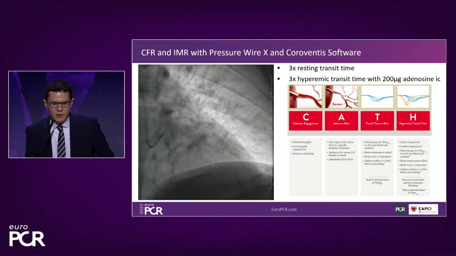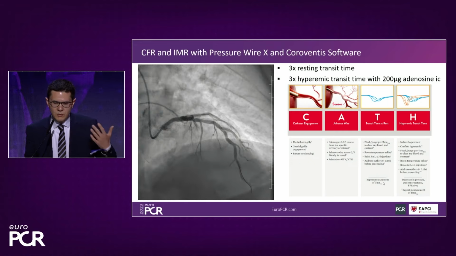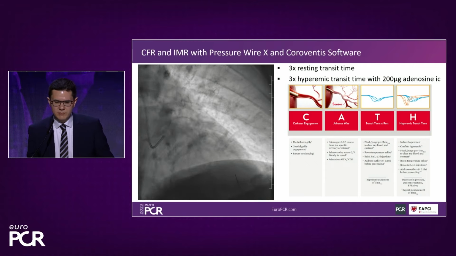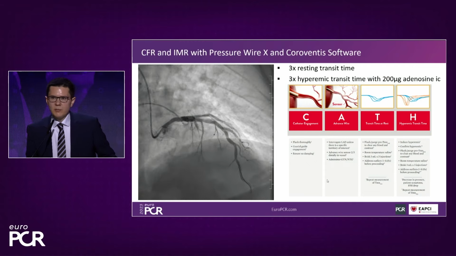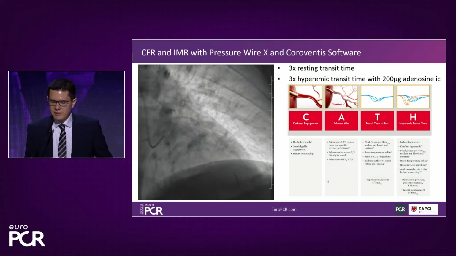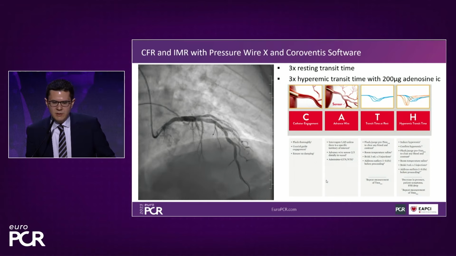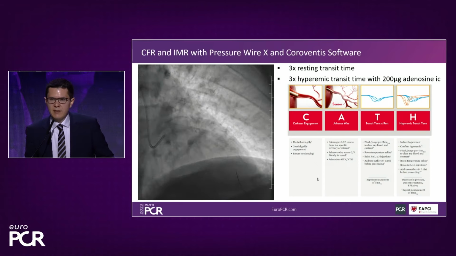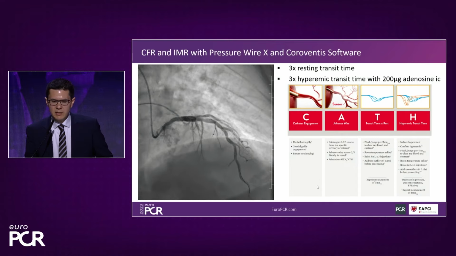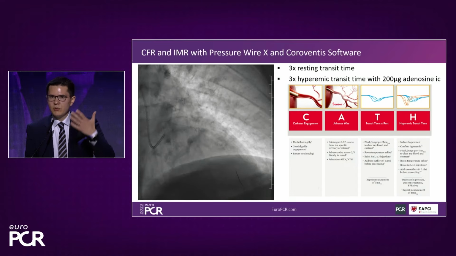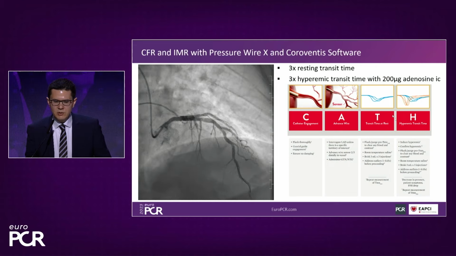And then the hyperemia is induced, and we measure the hyperemic transit time. This approach is done with the Coroventa system, and you can see here that the CAS-CMD algorithm has been developed to guide you during these examinations.